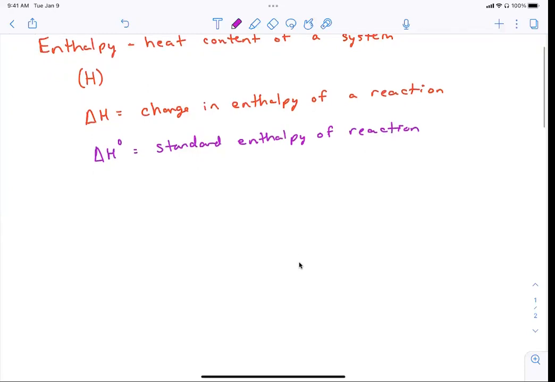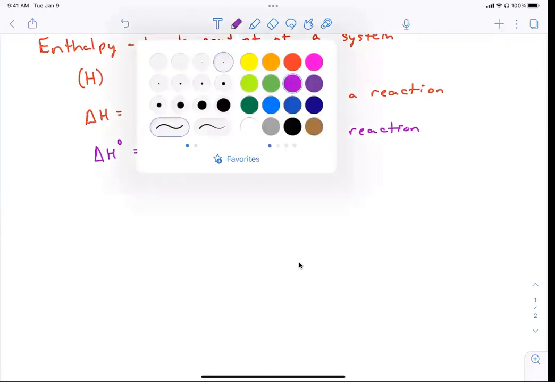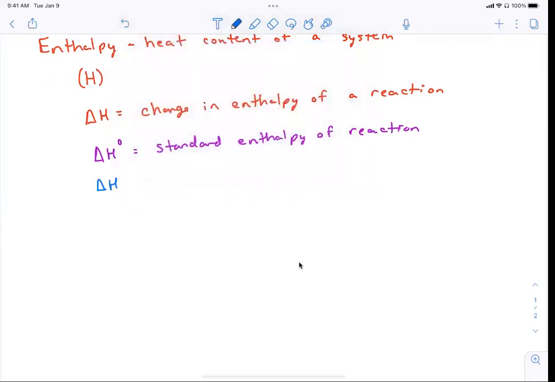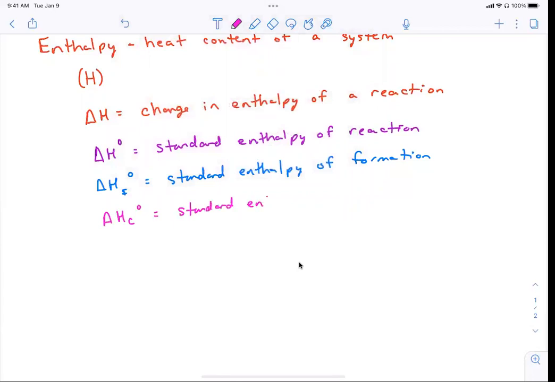You might also see delta H f with the degree symbol, with an f as the subscript, which is standard enthalpy of formation, which we'll talk about later when we calculate enthalpies of reaction. And you might also see delta H c, which is standard enthalpy of combustion.